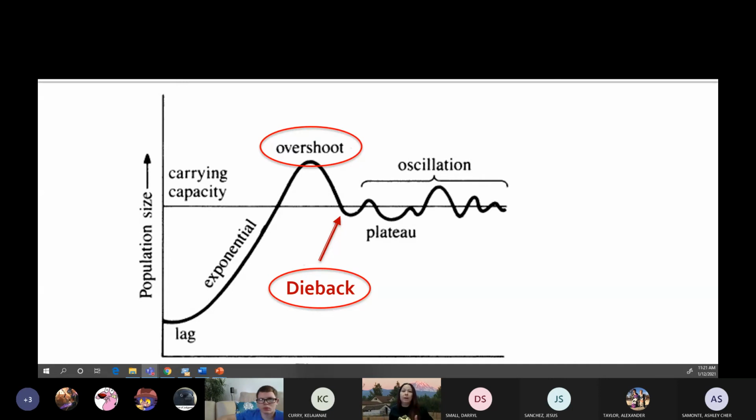That's when you get a very quick die-off, and it starts to oscillate around that carrying capacity based on those limiting factors and their availability, and any kind of natural disaster events that might affect their population. So like when they released the wolves in Yellowstone. Ideally, this is what it would follow, but there are obviously a lot of external factors that will affect that.